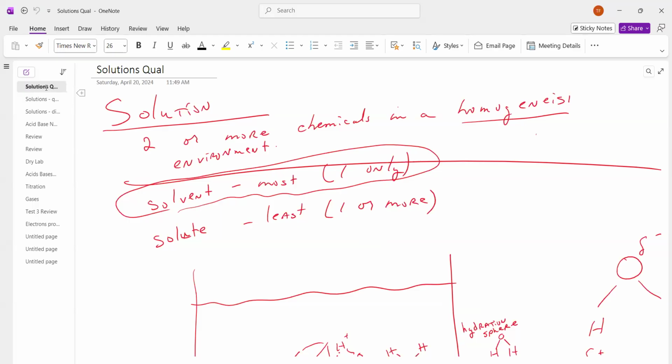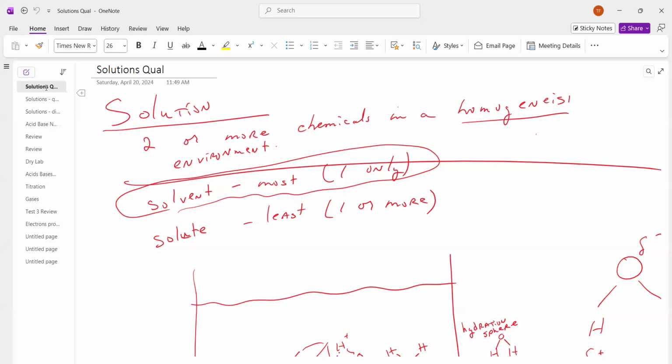Now, the common definition of a solution is water and something dissolving in it. It's much more than that. For example, a gold ring is a mixture of copper and gold, not just gold. So a solution is defined as two or more chemicals in a homogeneous environment.